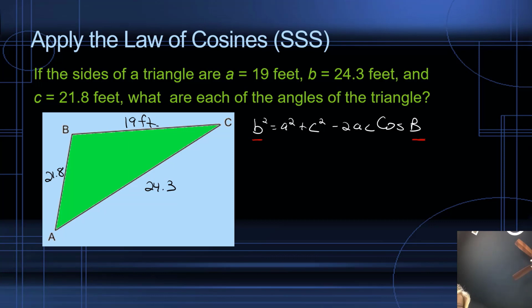So let's just plug in what we have so far. Okay, so b is 24.3. Put that in parentheses. A is 21.8 plus c, which is, oh, I'm sorry, I have them backwards, hang on.